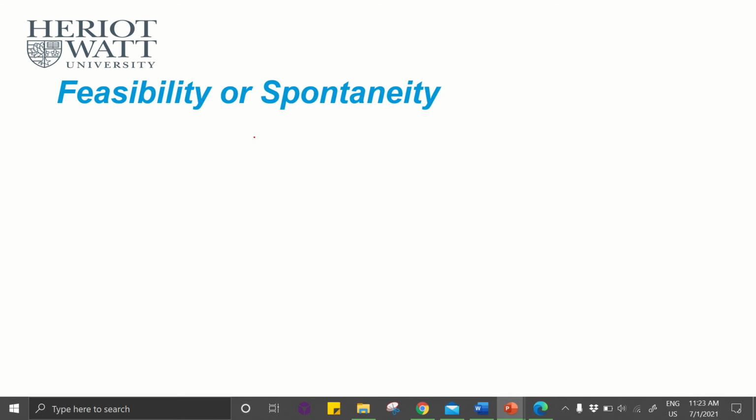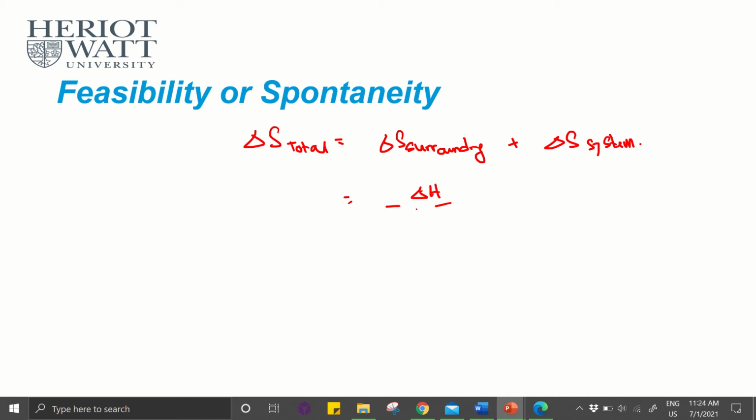So the total entropy change, total, right, is equal to the entropy change of the surroundings plus the entropy change of the system. Okay, and the formula for calculating the entropy change of the surroundings is actually negative enthalpy change over the temperature, plus the entropy change of the system, which is product minus reactant for the system, for particular reactions.